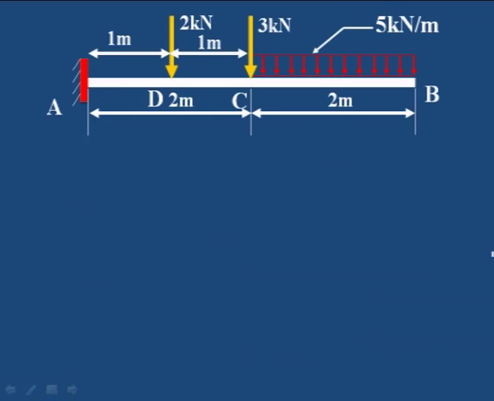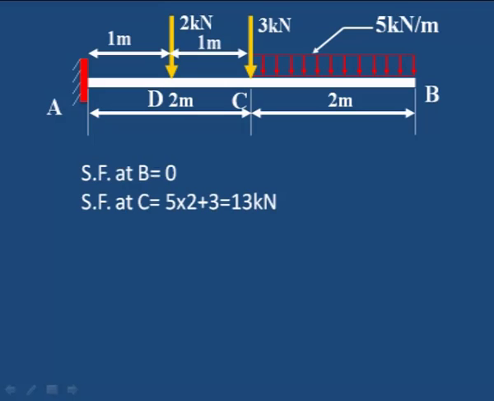Similarly, I have taken the uniformly distributed load on the right side. You can observe the shear force with the uniformly distributed load on the right side, and one point load acting at the end of the uniformly distributed load, and one more point load acting here at 1 meter from this 3 kilonewton. Shear force at B is 0, because no load is there.